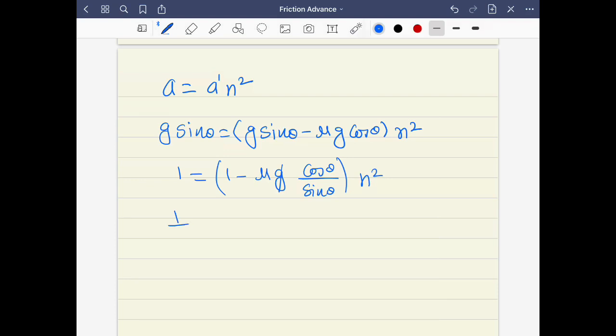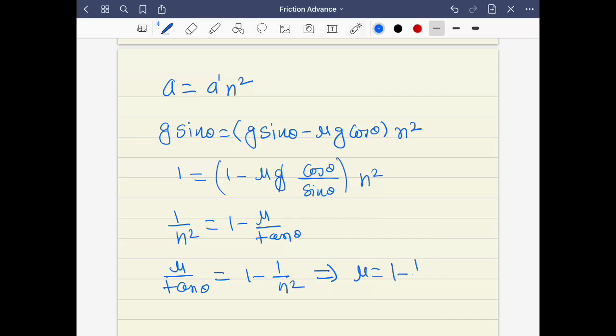So n squared this side, it will be 1 by n squared is equal to 1 minus mu divided by tan theta, and from this mu divided by tan theta is equal to 1 minus 1 by n squared, and from this mu is equal to 1 minus 1 by n squared into tan theta.